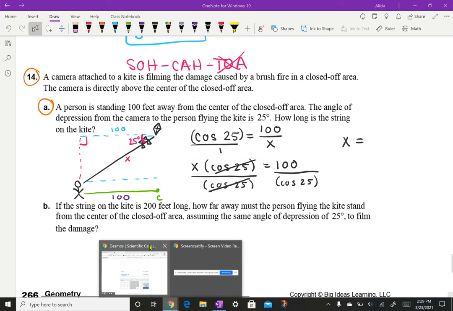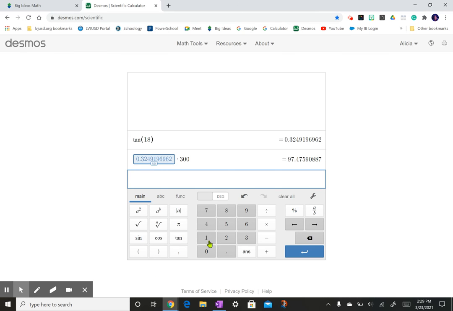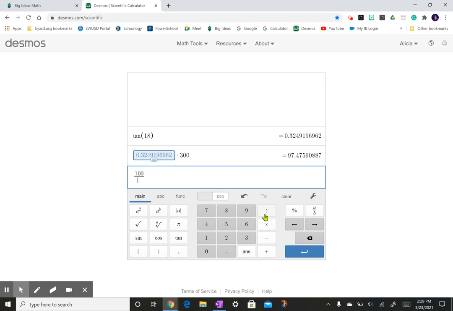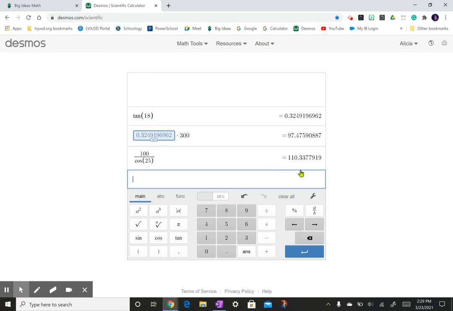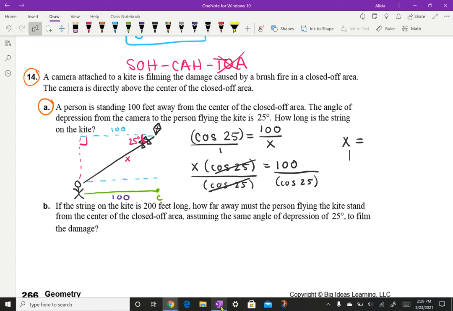So I can go to my calculator and do 100 divided by cosine 25. And I can see there is my answer, 110.33. I think they wanted one decimal place again. It doesn't say, so I'm going to go with one decimal place, 110.3 feet. So that would be your answer.